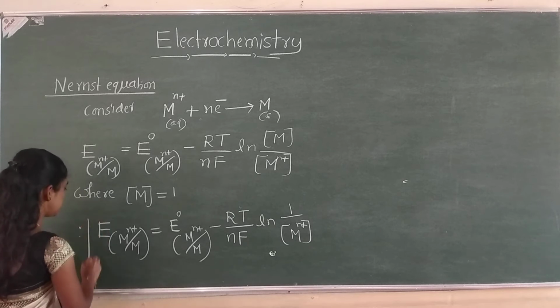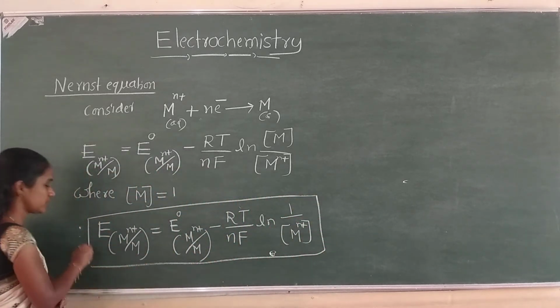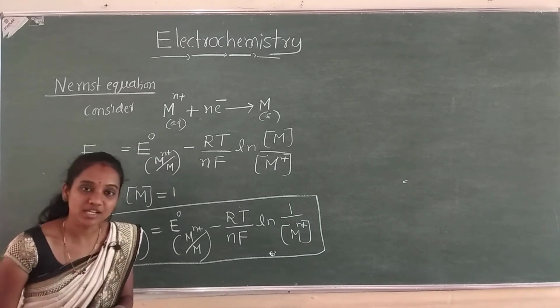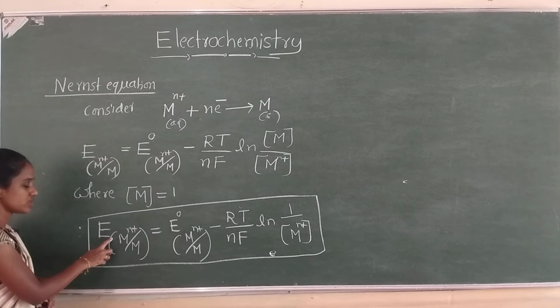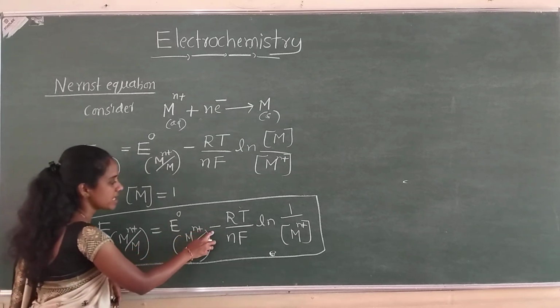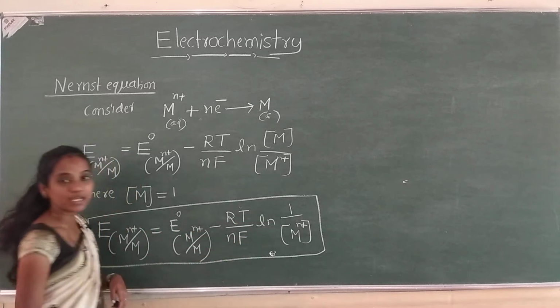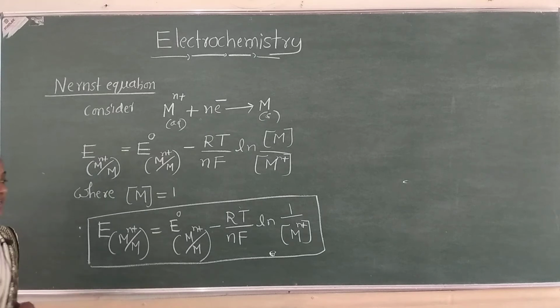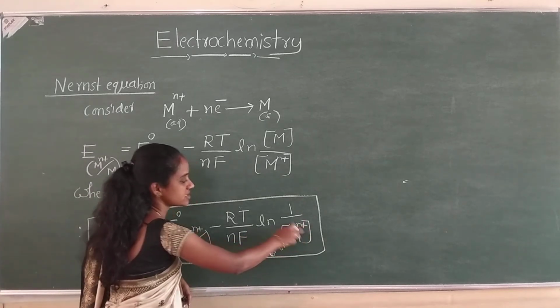This is the Nernst equation, very important. In the exam you may get a question: write the Nernst equation and explain the terms involved. So E is equal to E naught minus RT divided by nF ln 1 by the concentration of the metal in its corresponding oxidized state.